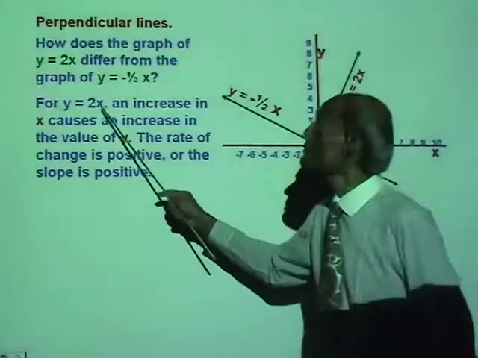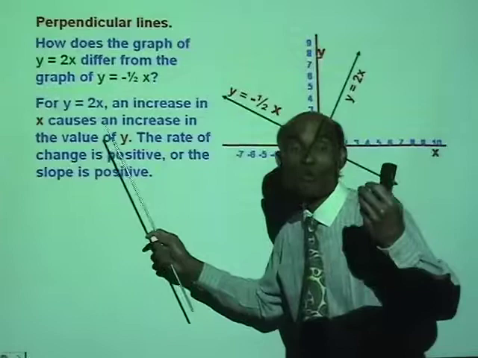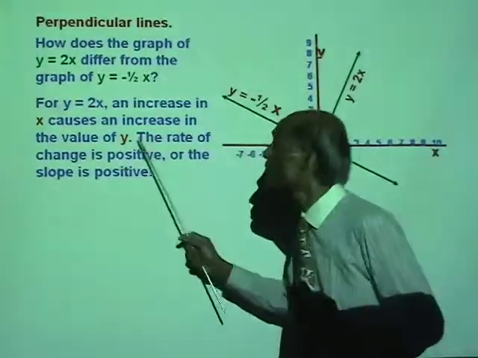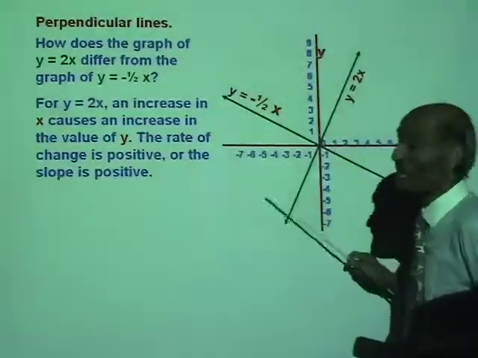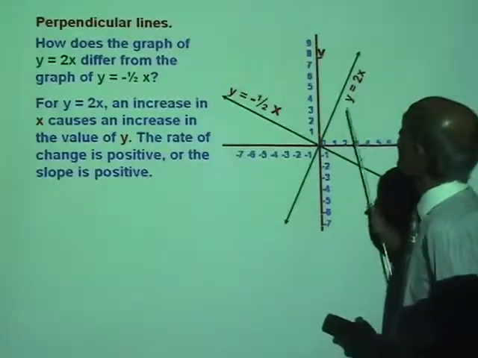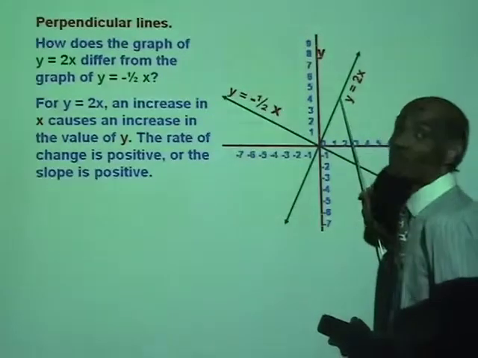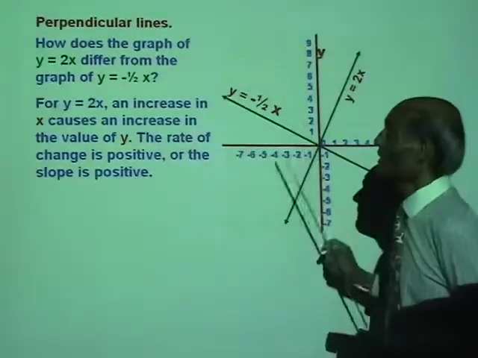So, for y equal to 2x, an increase in x will cause an increase in the value of y. Look at that. If the line is increasing to the right, an increase in x will result in an increase in the output.